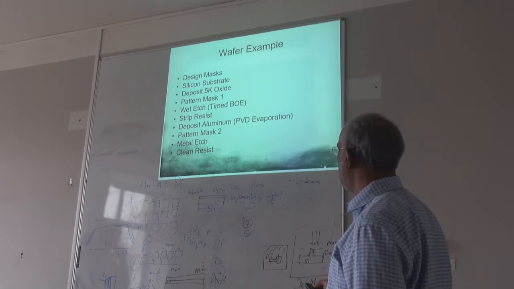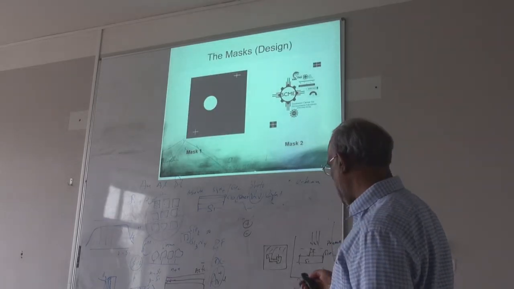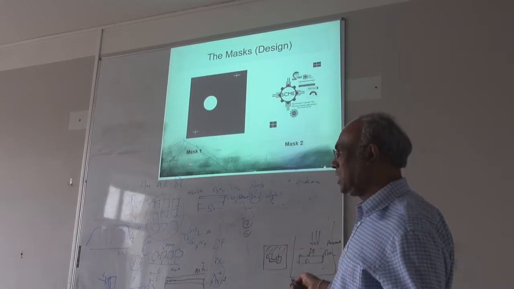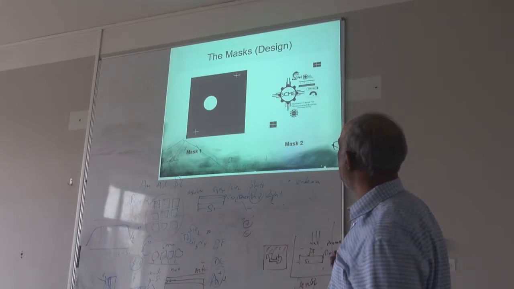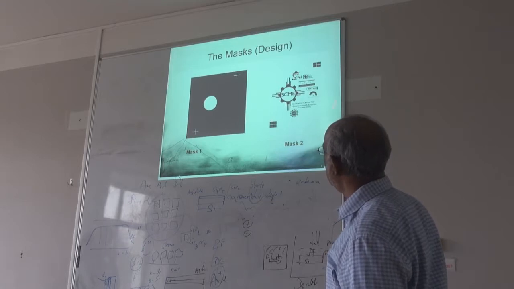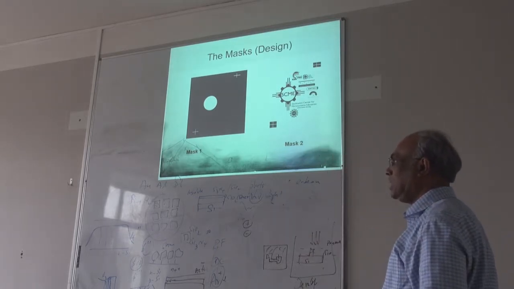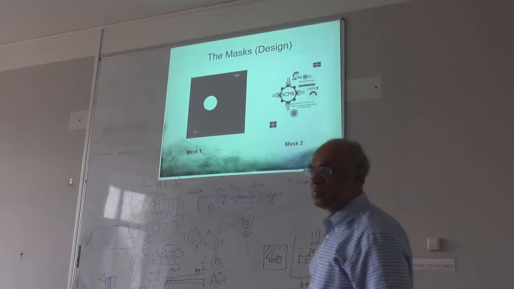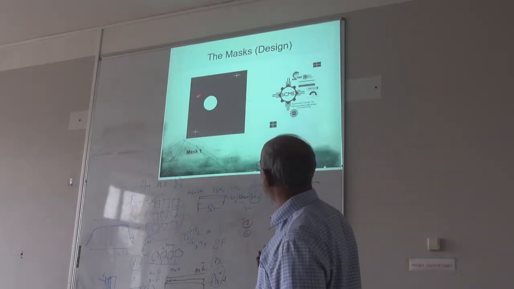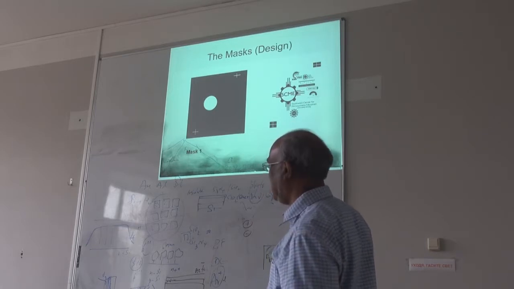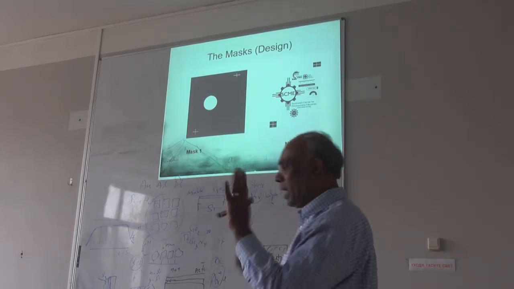First, this is my one mask that I can ask somebody to produce for me. This is the other mask. I need to make these two patterns on one wafer. How do you do that? This mask has only this hole, this mask has this kind of pattern already. They make it for two masks.